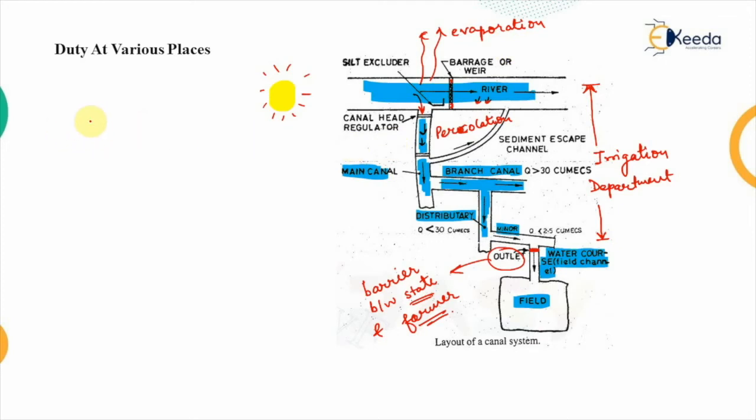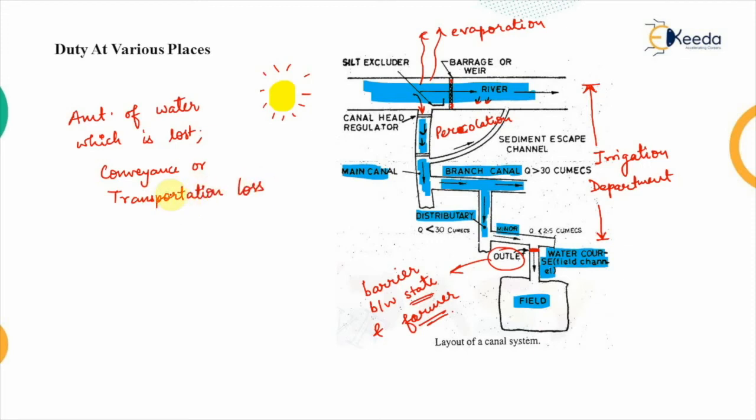So this amount of water which is lost, that is known as the conveyance loss, or that is also known as the transportation loss, because this water was lost when the water was in the stages of transportation or conveying the water to the farmer.